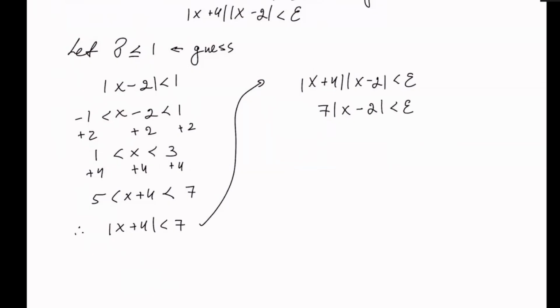Now I can simply divide everything by 7, and I get the absolute value of x minus 2 less than epsilon over 7. So I choose my delta to be the minimum between 1 and epsilon over 7. Now, the second step is the proof.